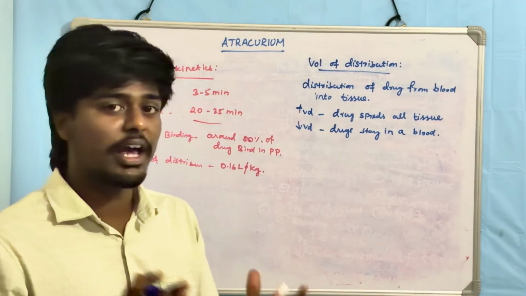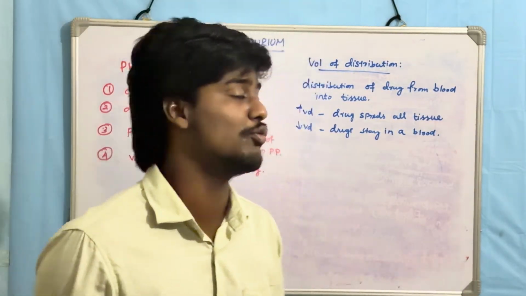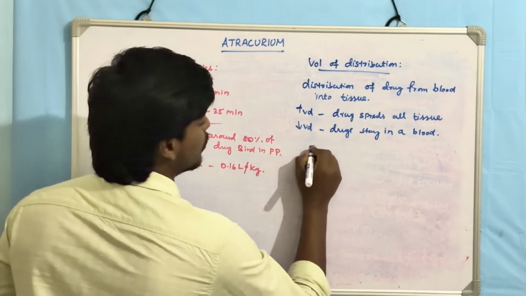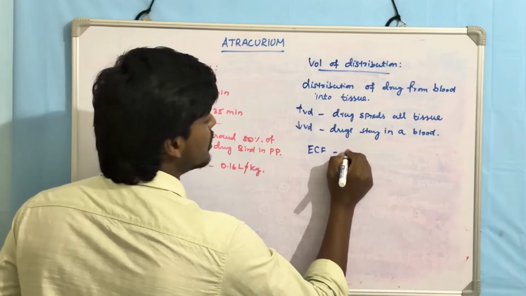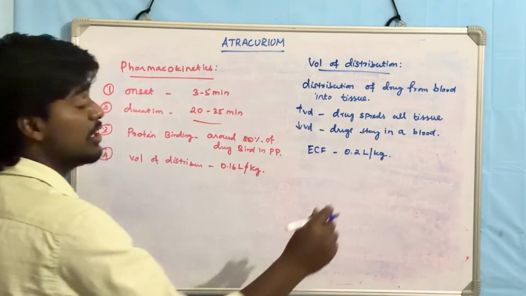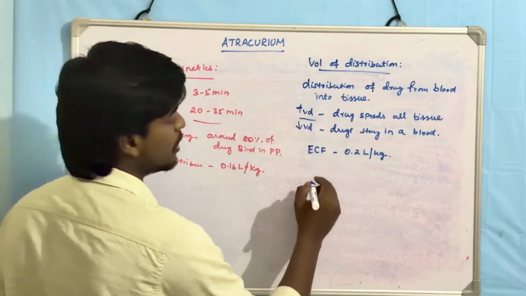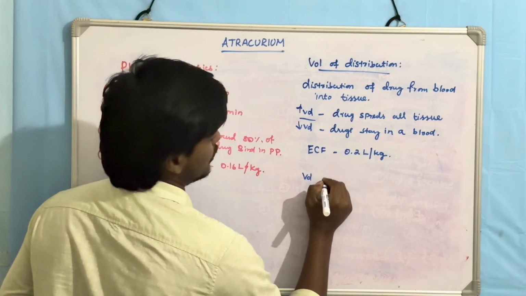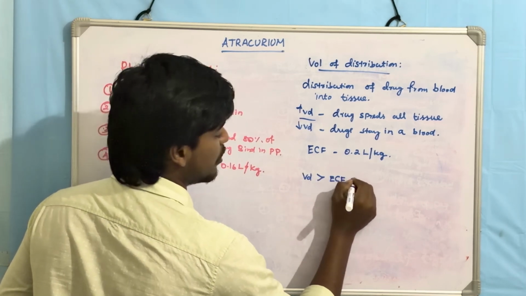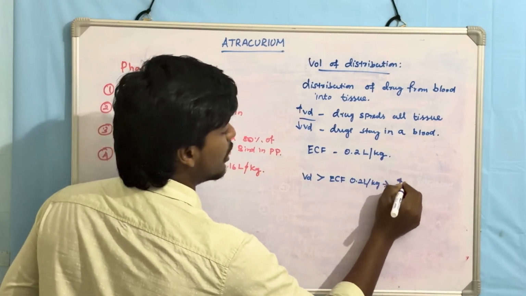So how can we classify drugs as having an increased or decreased volume of distribution? We use the extracellular volume, which is 0.2 liter per kg. This is the extracellular volume of our body. If the drug's volume of distribution is more than the ECF value, 0.2 liter per kg, it is called increased volume of distribution.